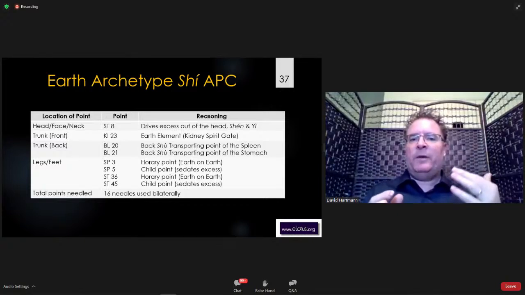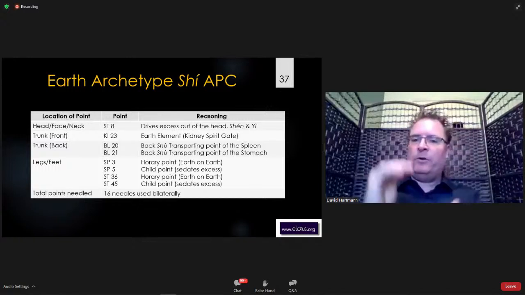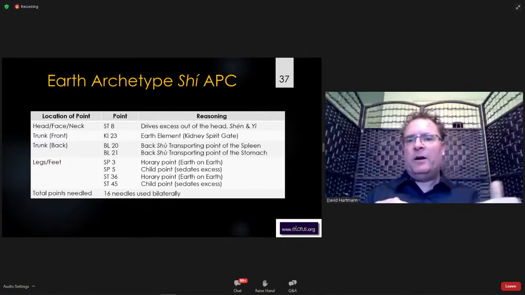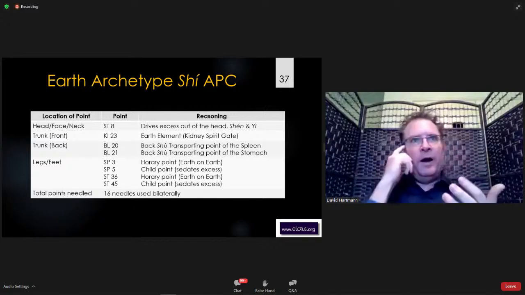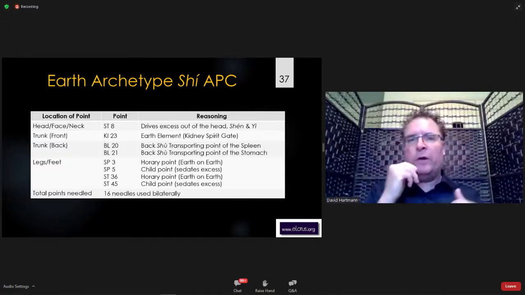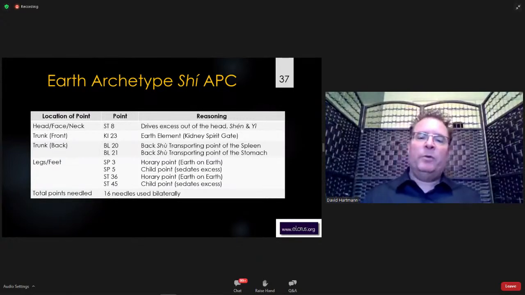So Spleen 3, Stomach 36 balance out the disharmonies associated with the earth element and the earth archetype and the Yi spirit. In the same way that the wood of wood points, fire of fire, metal of metal, water of water do the same thing for their associated archetype, their organs and their spirits.